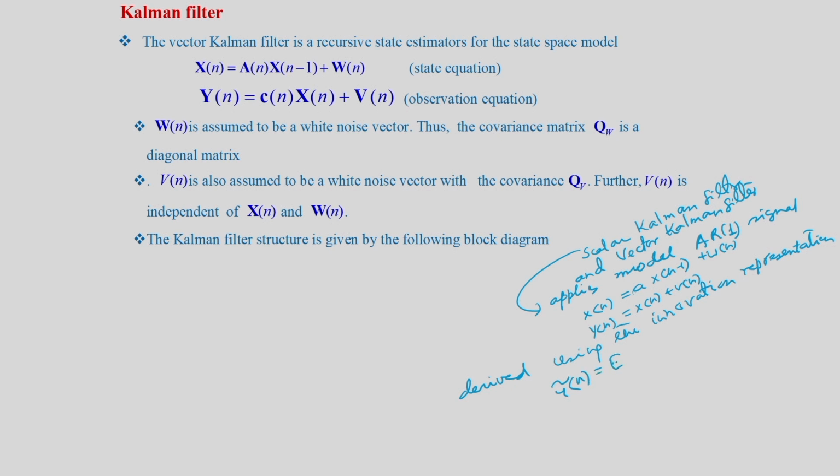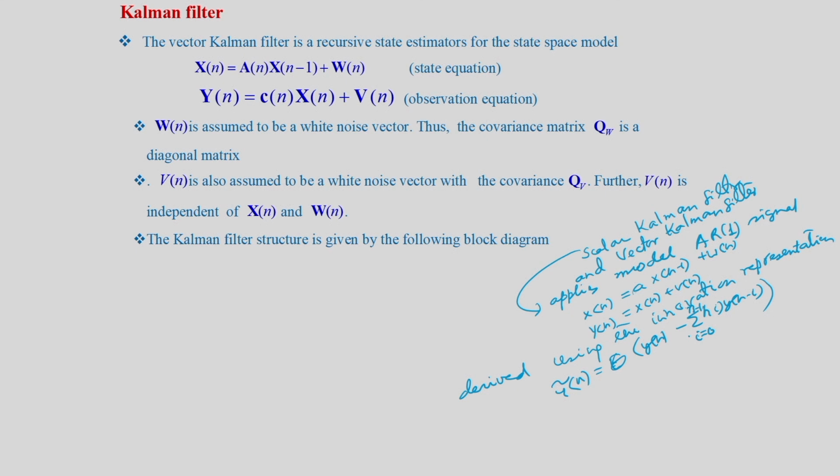We got it as Yn, the prediction error, that is Yn minus summation Hi into Y of n minus i, i going from 0 to n minus 1. So, this is the prediction error, and we showed that this prediction error is an orthogonal sequence. That way we generated the innovation sequence.